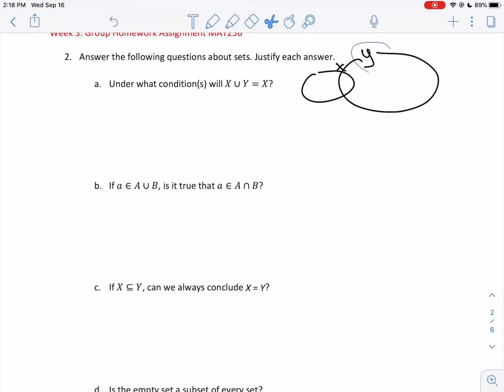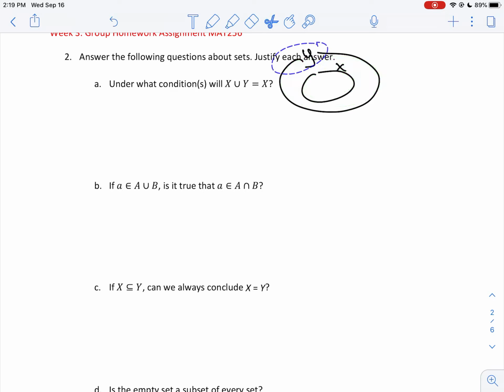Let's do, there we go, where X and Y, one is a proper subset of the other, but in this order. If I shade everything in X or in Y, I really just get this shading again. But this equals Y, not X. So that one we don't like either. And if the two sets are the same, then their union would just be X again.